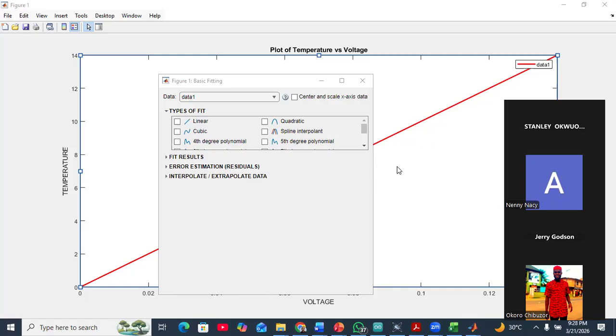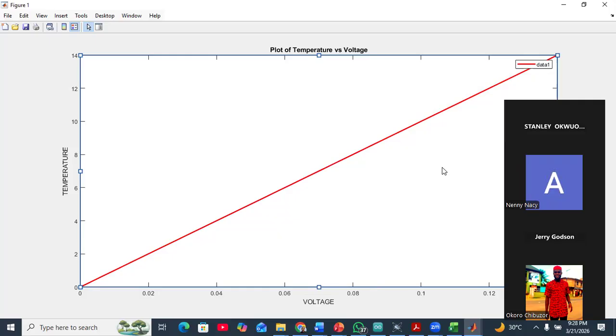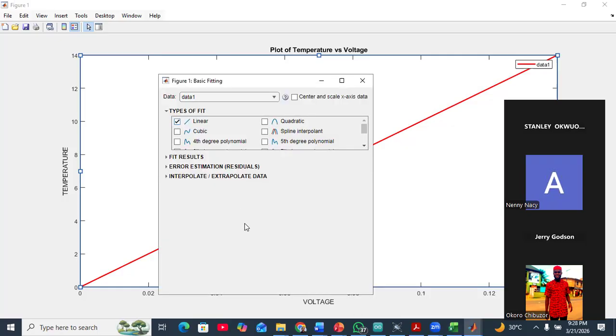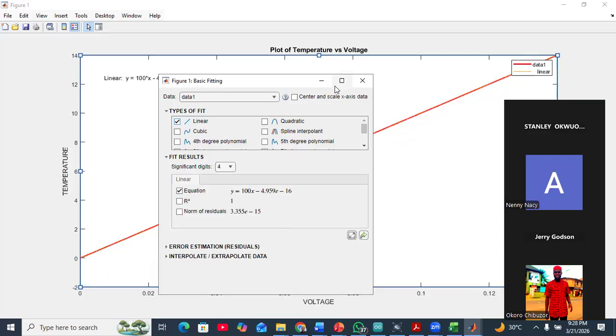Okay, let's proceed. Something came up now. Okay, so it's a linear graph. Can you see that it has brought the equation for us?